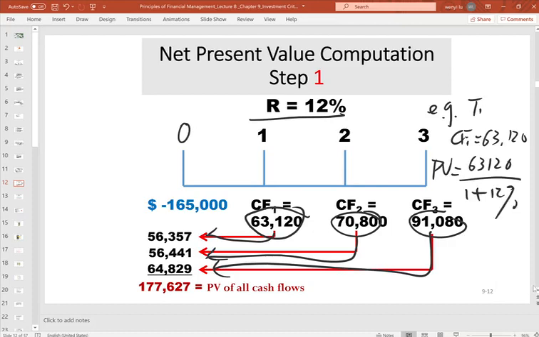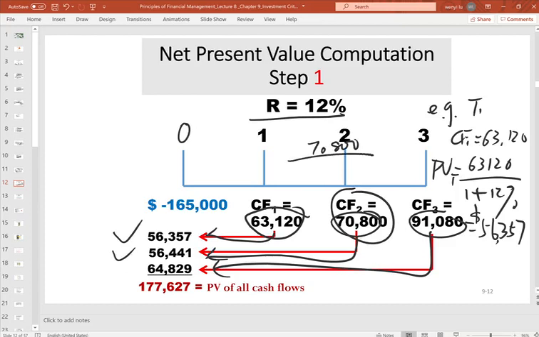You solve it and get $56,357. PV1 is this one, PV2 is this one. PV2 is solved using 70,800 over 1 plus 12% squared. You solve this one.